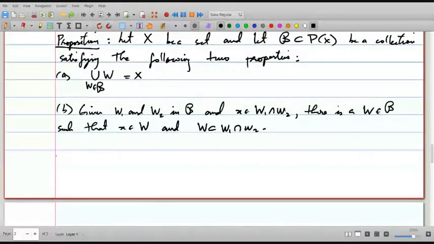So suppose we are given a subset B of the power set of X which satisfies these two conditions.